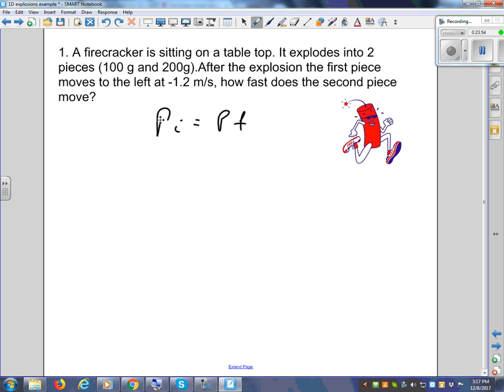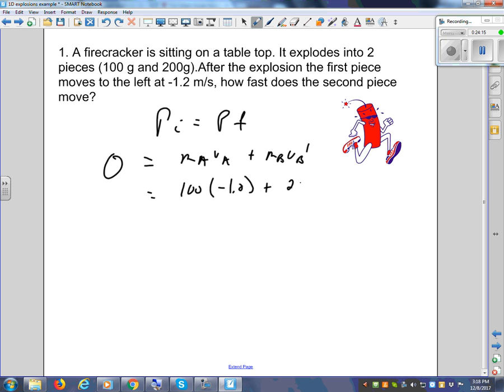Okay, so we got 0 on the left. This is just MAVA. Is the first piece the 100 grams? Yeah, that would have to be. So that would be 100 times minus 1.2. These are easy.